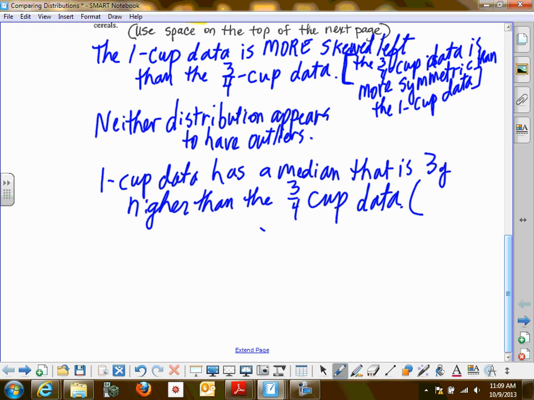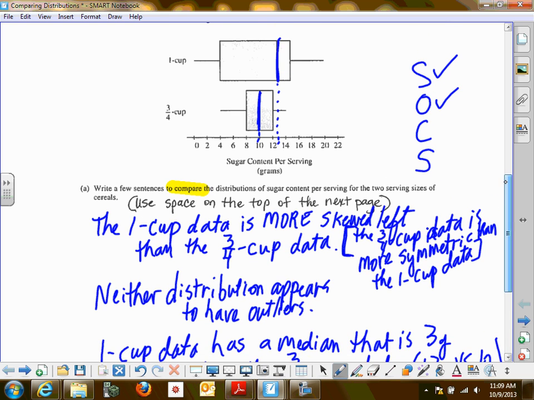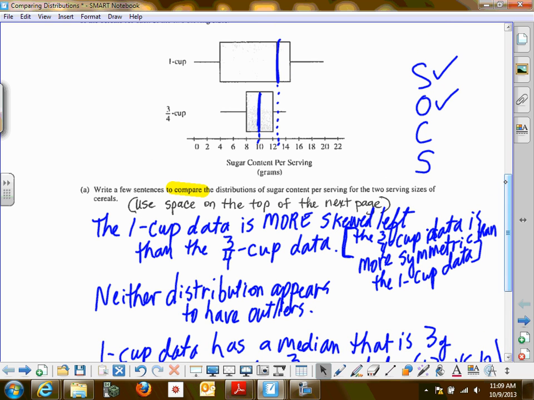And then I can put my little 13 grams versus 10 grams. We are being specific in the values. So I have talked shape, I have talked outliers, I have talked center. What's left? Spread.